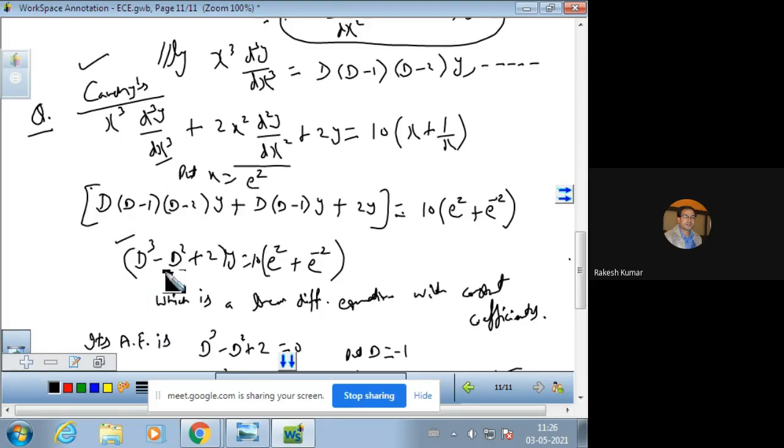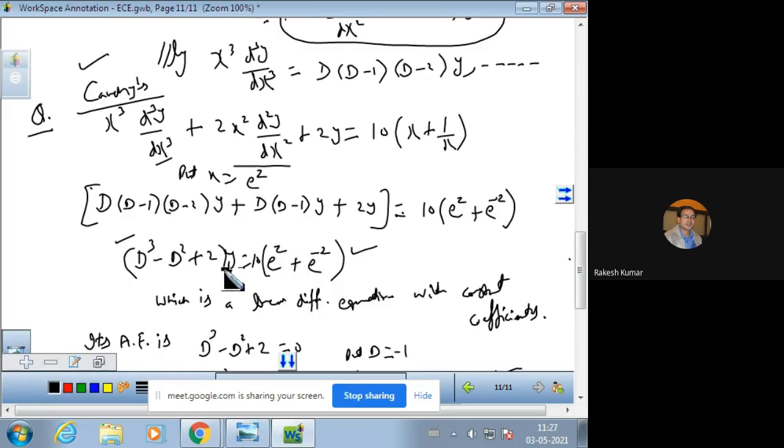just see how we have solved. We were in variables y and x, but we have substituted the x variable into z, and your symbolic form or auxiliary equation comes out to be in an independent variable z.